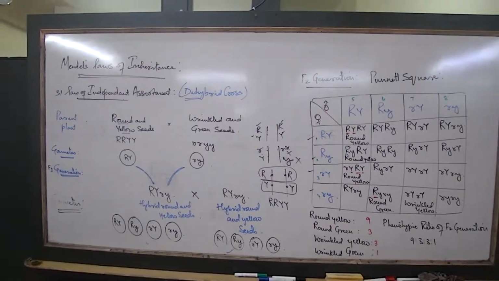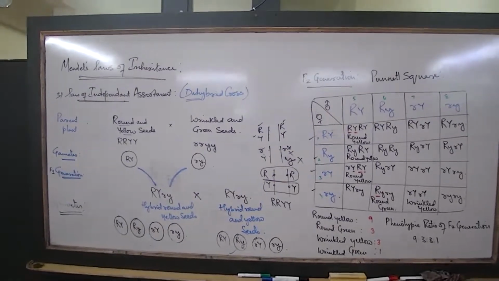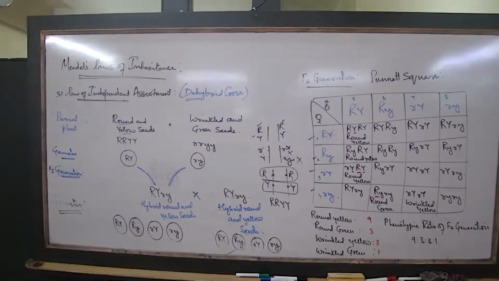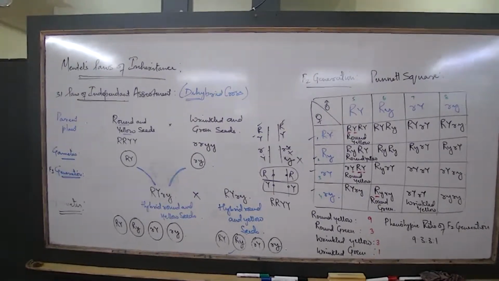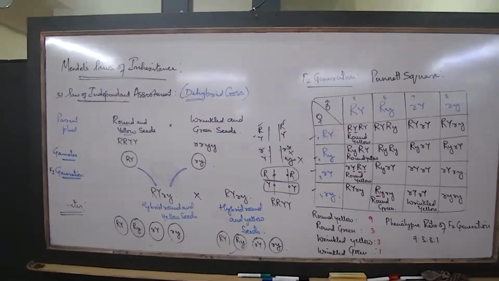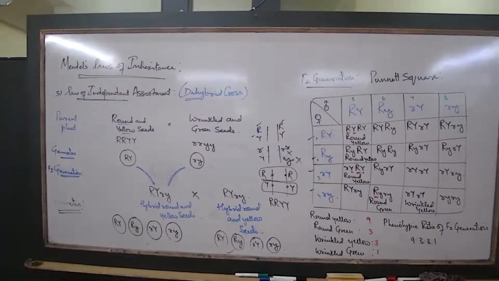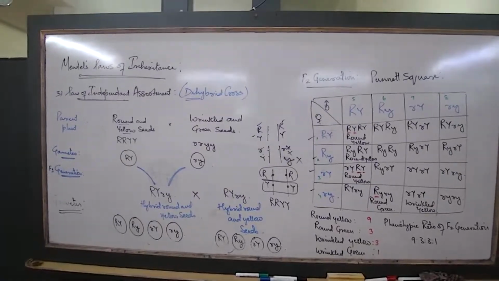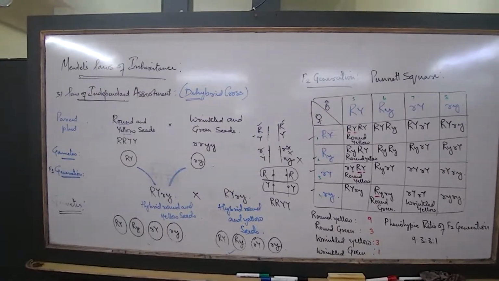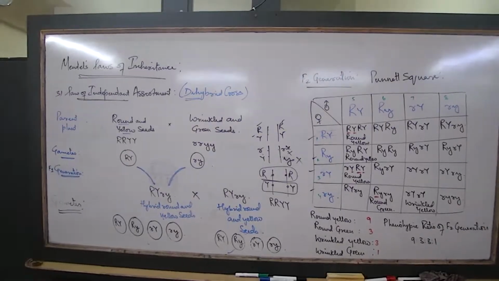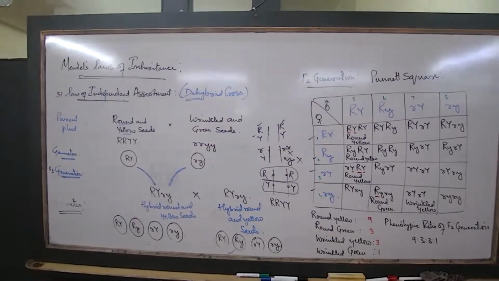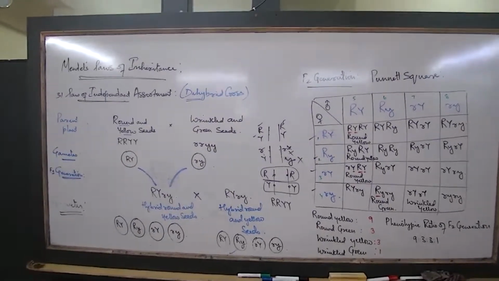Did you complete the Punnett square? 16 plants मिले? Then write down the 4 types of plants exactly like this.